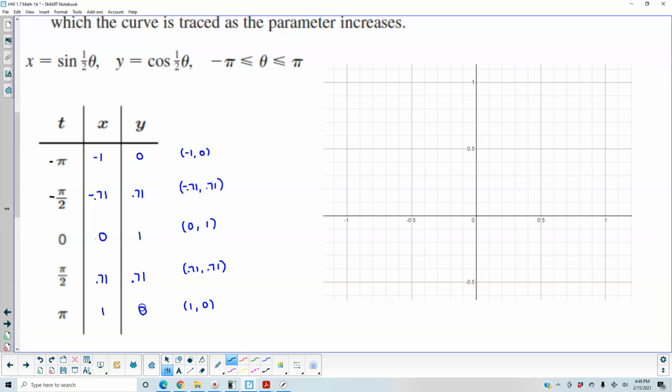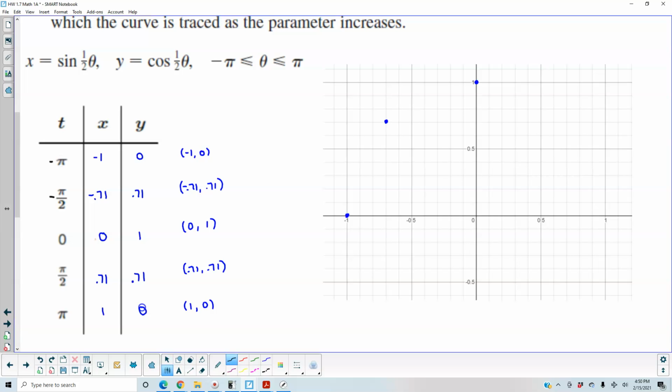So let's go ahead and plot that on our graph. So we have negative 1, 0. We have negative 0.71 and positive 0.71, so we'll say that's right around here. Then we have 0, 1.